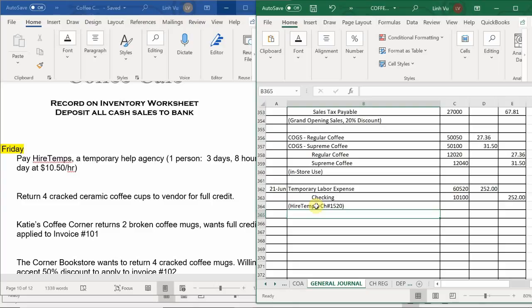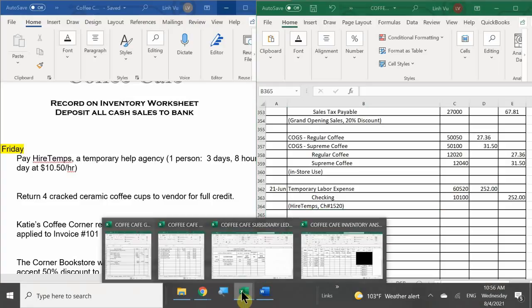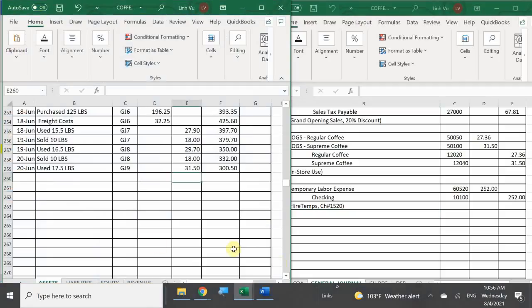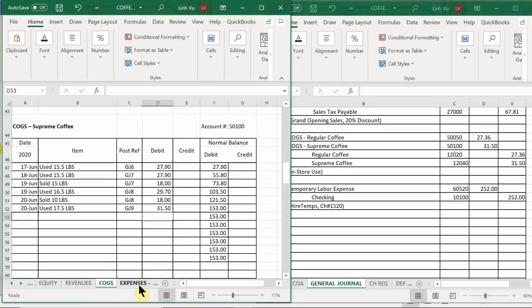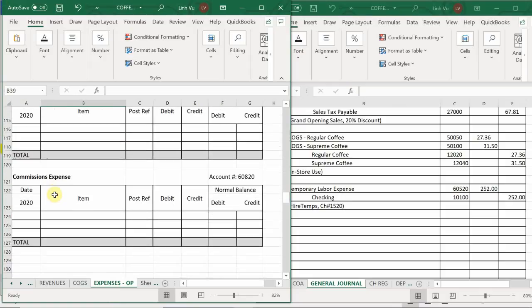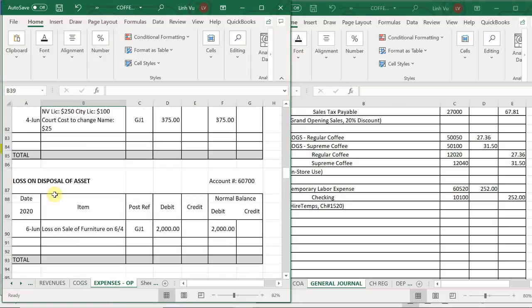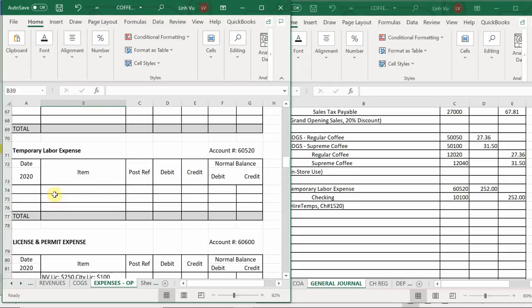Next, we need to post to our general ledger. Yes, our general ledger. So we're going to go to operating expenses. There you go, temporary labor expense.